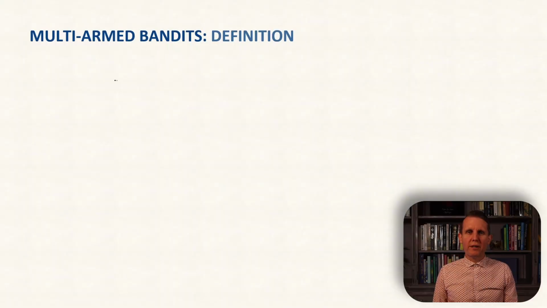Now let's look at a more formal definition of a multi-arm bandit problem. Remember, there are n different arms, and we get to select a different arm in a series of steps. We're going to represent this problem using a series of random variables. The random variable X_{i,k} represents the reward we get if we select arm number i in play number k.